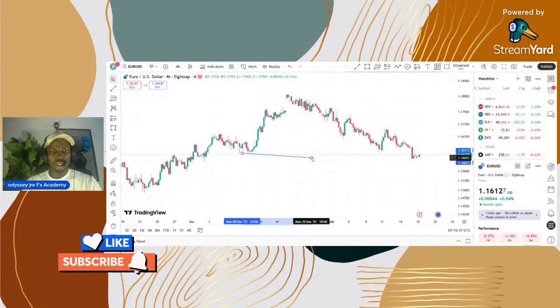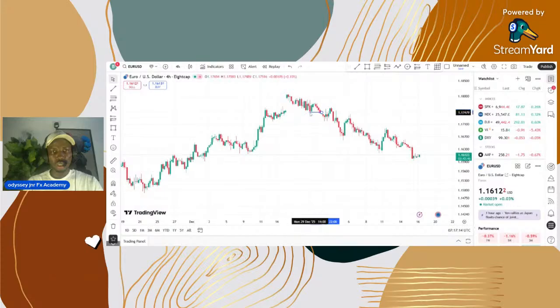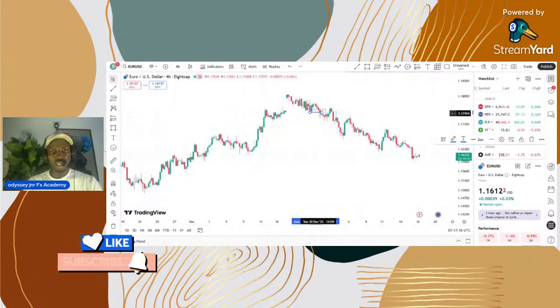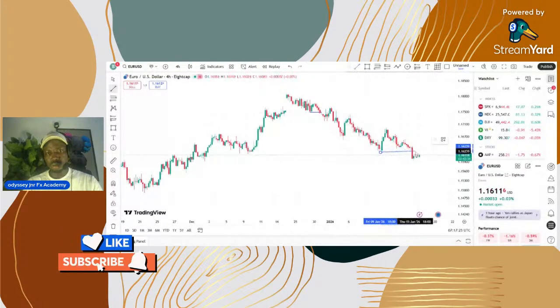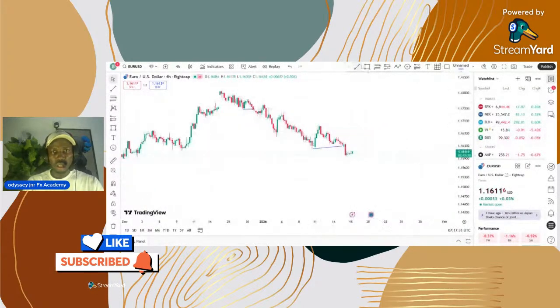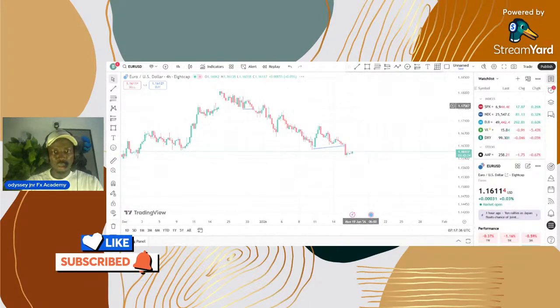Let's see. This was the place the first change of character happened. I can still see this place also. This is still clear. We have the break of structure to the downside also. Then we go to the 1 hour. Let me see what we have in 1 hour.